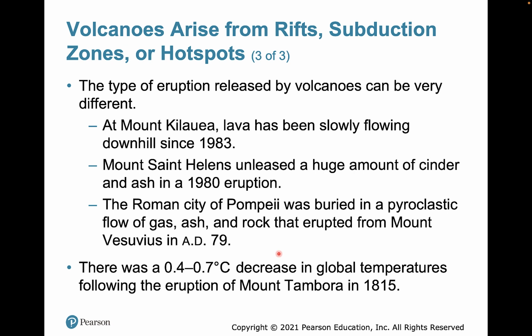And volcanic eruptions, as we talked about when we talked about air pollution, can release sulfur dioxide into the air and create particulate matter, which creates aerosols that block the sunlight, which then reduces global temperatures. And it happened after Mount Tambora erupted in 1815, and it happened to another degree after Mount St. Helens erupted in 1980, which we'll talk about when we talk about the key points.